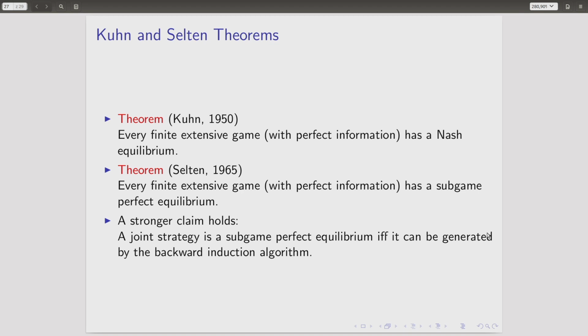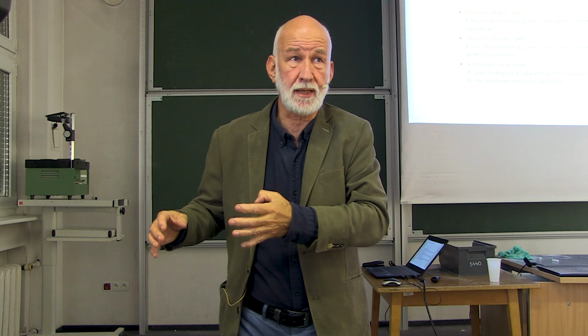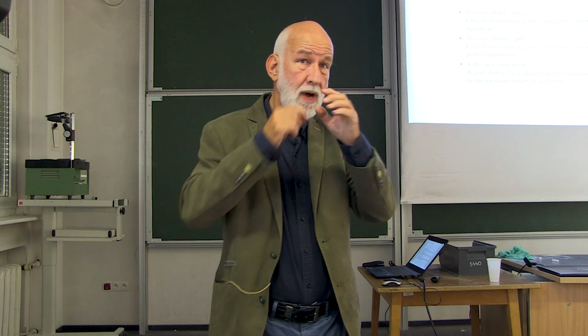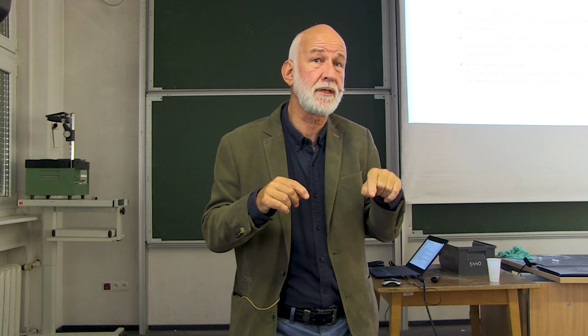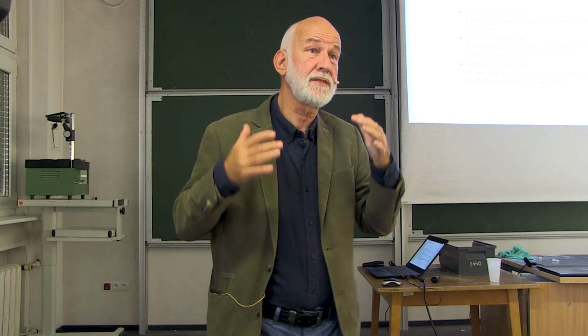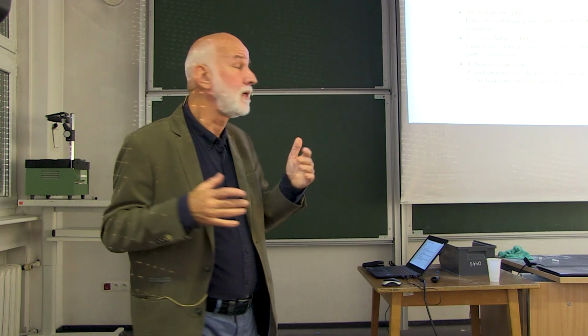So first of all, every extensive game has a Nash equilibrium. More specifically, we translate extensive game into a strategic form. This was the one where for matching pennies, you got this 2x4 matrix. Each such game has a Nash equilibrium. So it was no wonder that there were Nash equilibria.